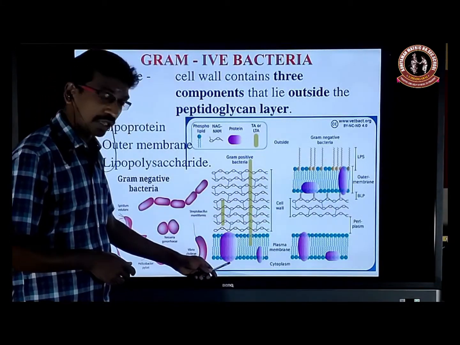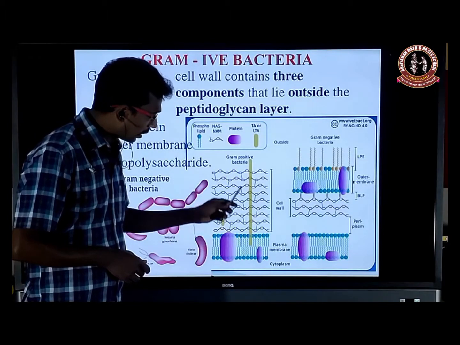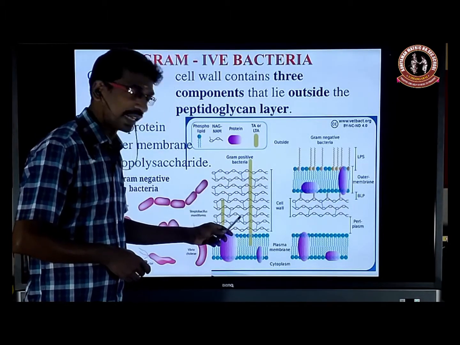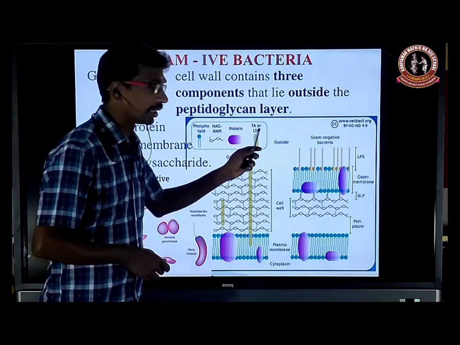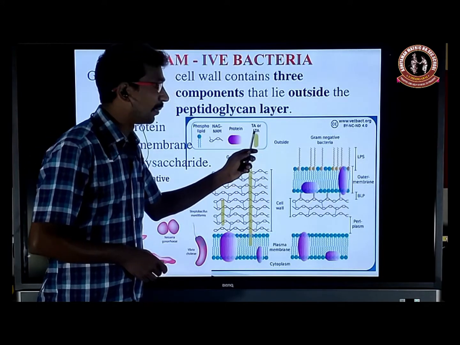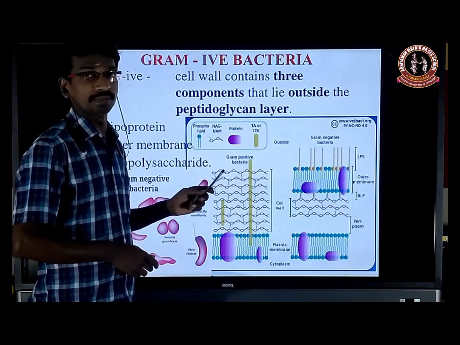In gram positive, there is the cell membrane and a cell wall layer. There is teichoic acid, and here LTA means lipoteichoic acid.